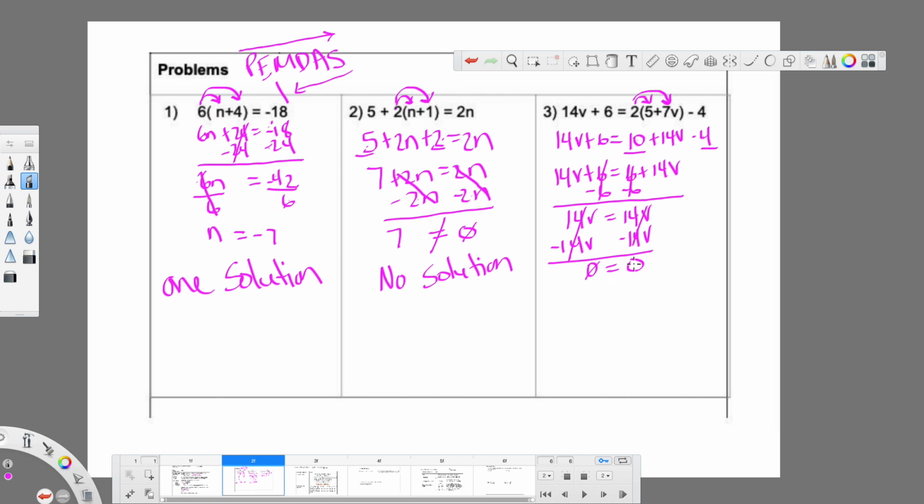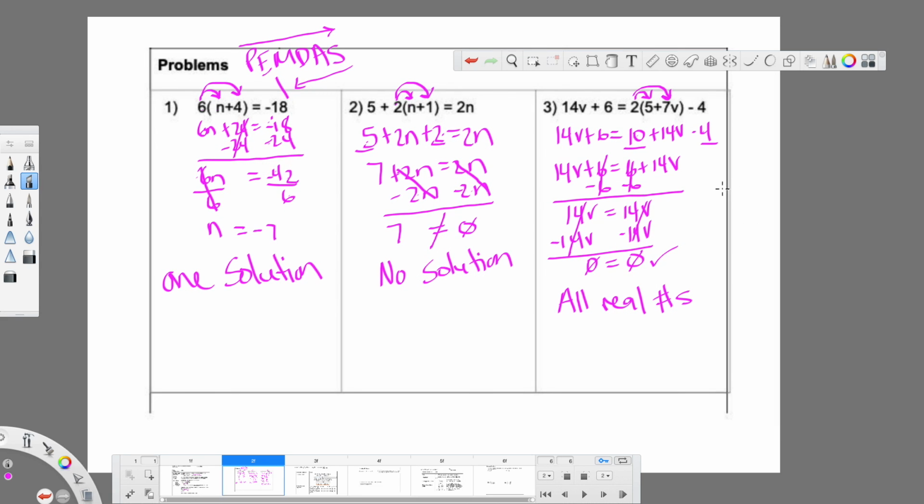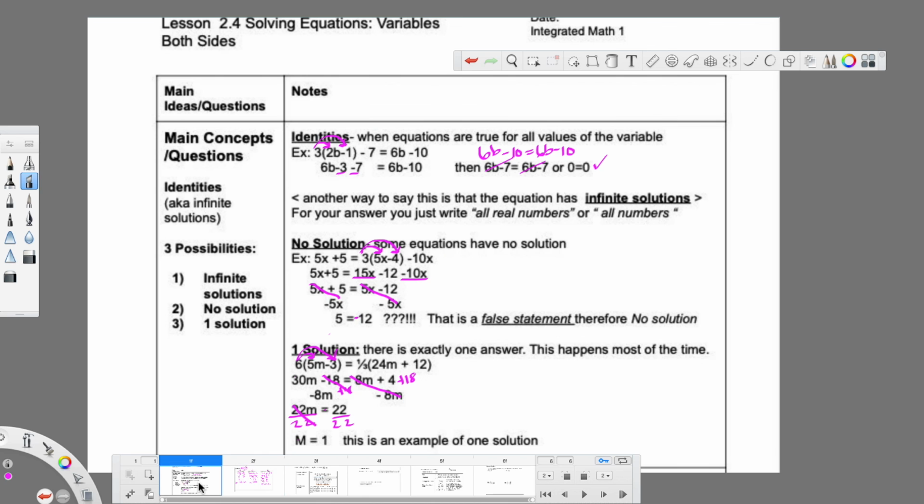This is true, so it's infinitely many solutions, or all real numbers. All real numbers. This is the number symbol. It's not a hashtag. This is just an example of that identity. All right, so that was all of section 4, and I will see you in section 5.